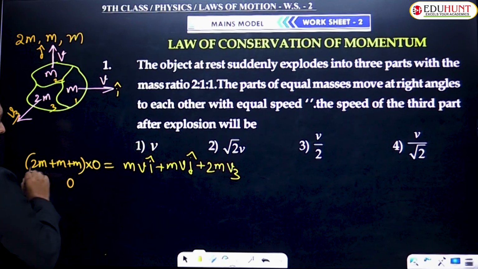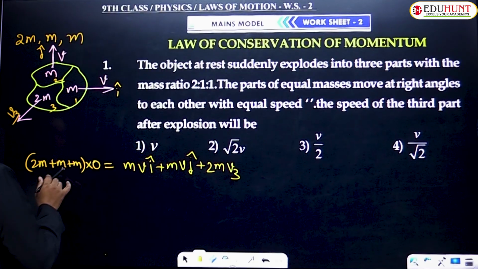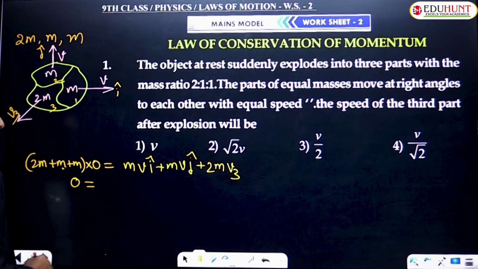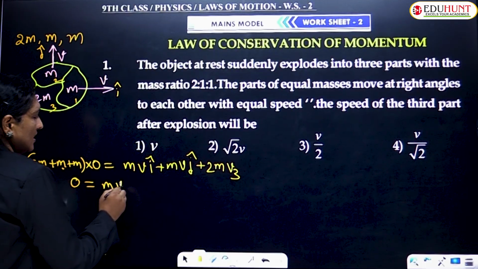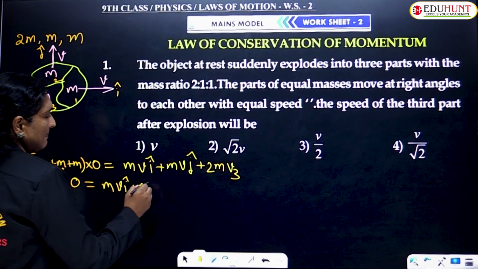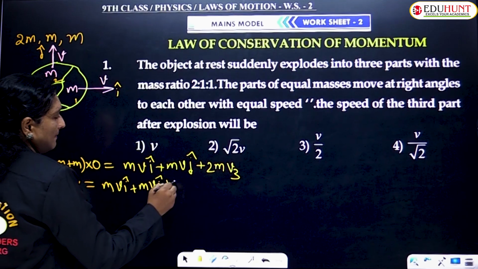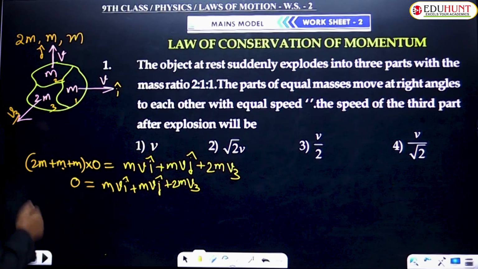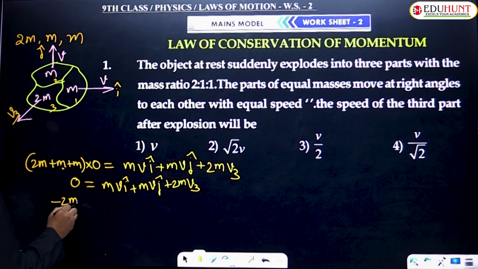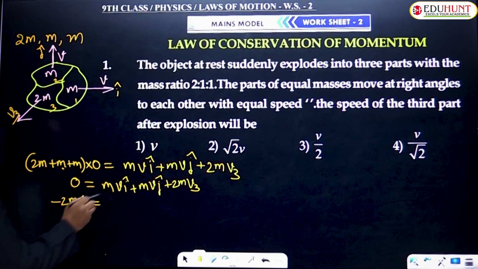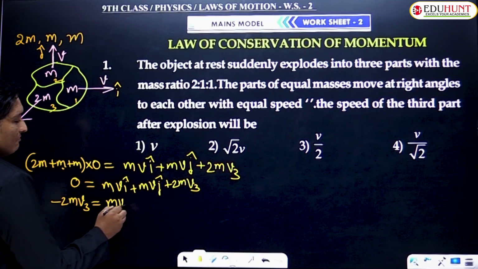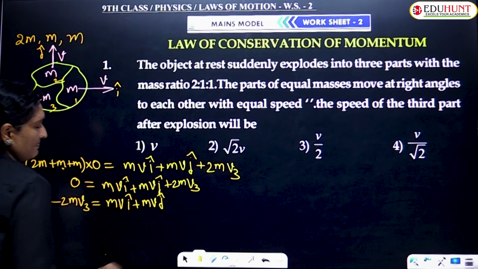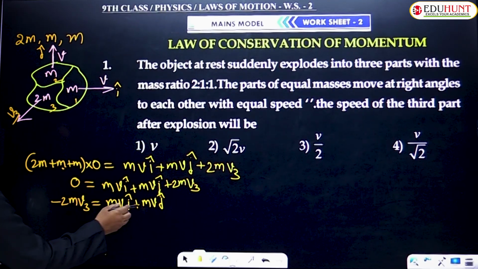So clearly, 2m plus m is 3m, plus m is 4m. 4m into 0 is 0, equals mv i cap plus mv j cap plus 2mv3. Let us bring this 2mv3 to the other side. Then it will become minus 2mv3 equals what is left over, children? mv i cap plus mv j cap.